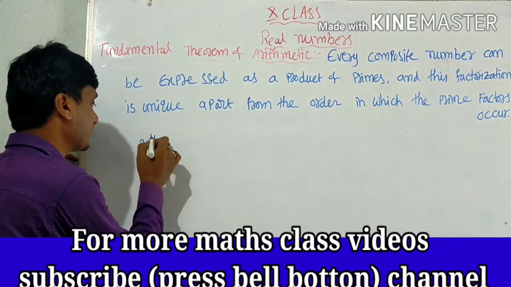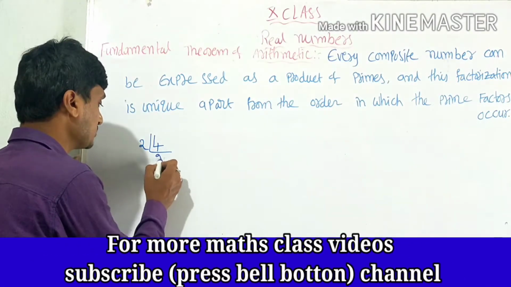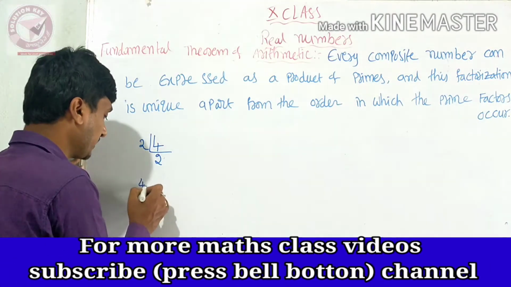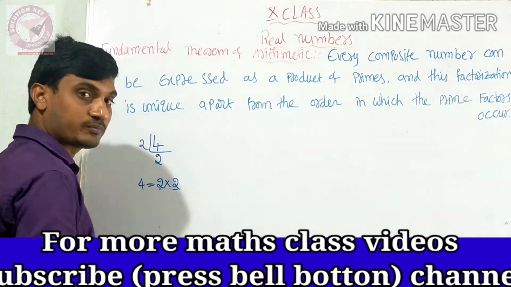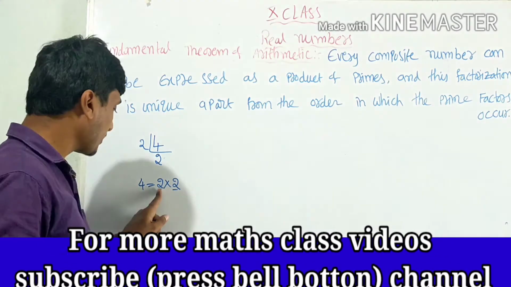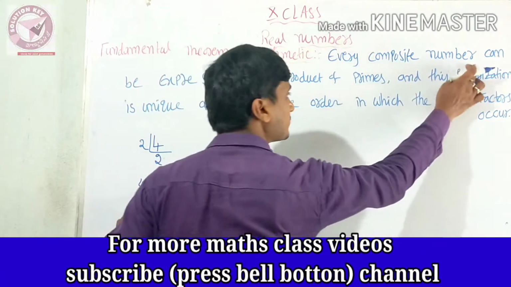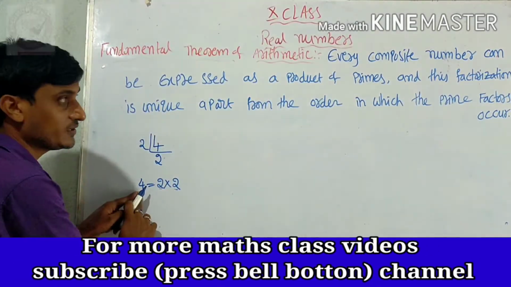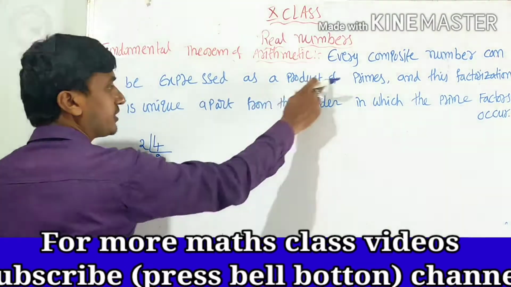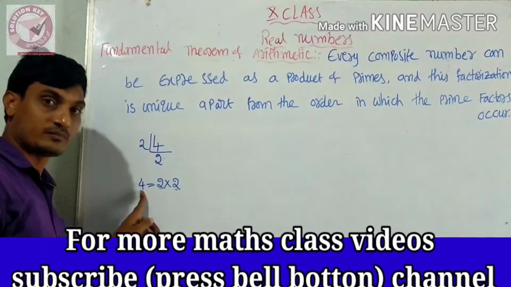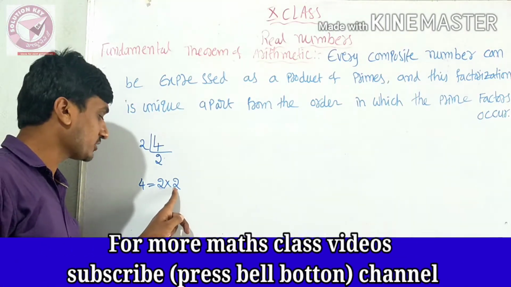That 4 can be written as a product of 2 primes: 2 into 2. Both 2s are prime numbers. So every composite number, and 4 is a composite number, can be expressed as a product of primes.